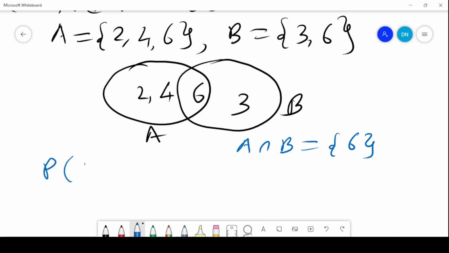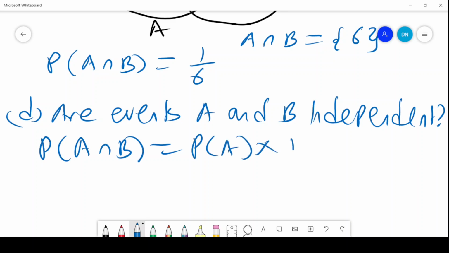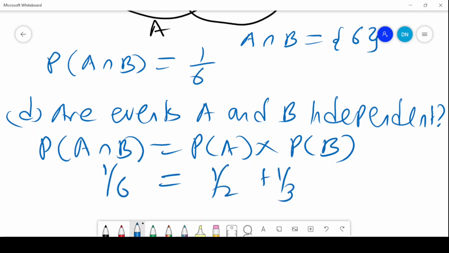So the probability of A intersection B is only one element out of the total number of elements that exist, which is equal to 1 over 6. They are only independent if the probability of A intersection B is equal to the probability of A times the probability of B. And since it's 1 over 6, we saw this is a half times that, which is also 1 over 6. Thus, A and B are independent.